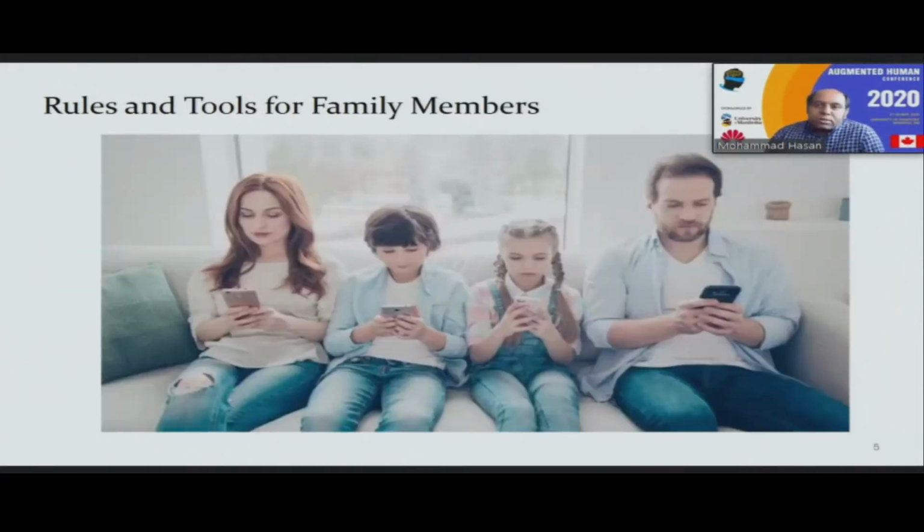There is very little known about whether and how smartphone-based tools as well as rules can help family members reduce their co-located smartphone usage. So in this paper, we followed this path. We explored rules and tools-based assistance to reduce co-located smartphone usage.